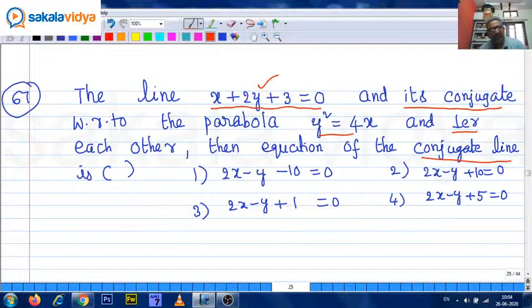Both lines are conjugate with respect to the parabola, so we need to apply the conjugate lines condition. That condition is L1 N2 plus L2 N1 equals 2a times M1 M2. That's all, so that we can find the required equation of the conjugate line.